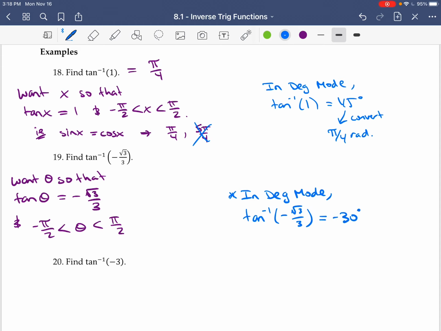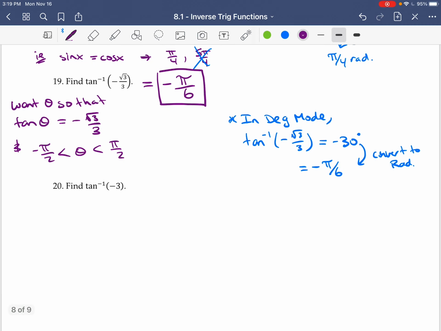Then we can convert to radians for our answer. So that's going to be negative pi by 6, and that is in the interval, so this is equal to negative pi by 6.